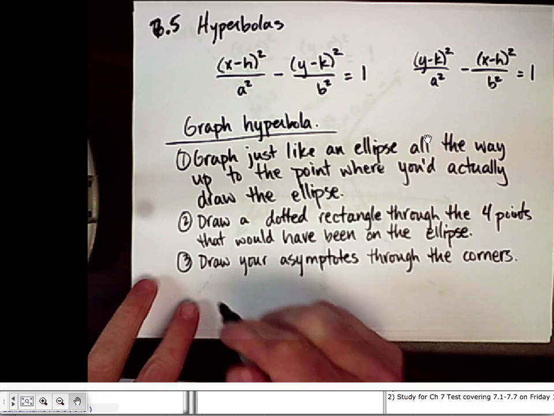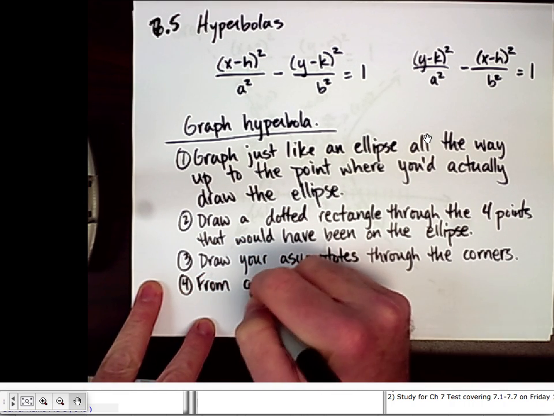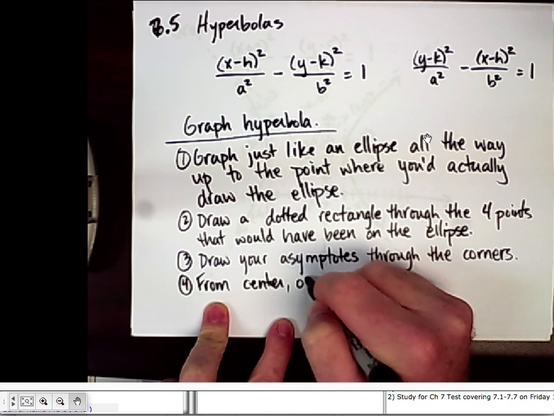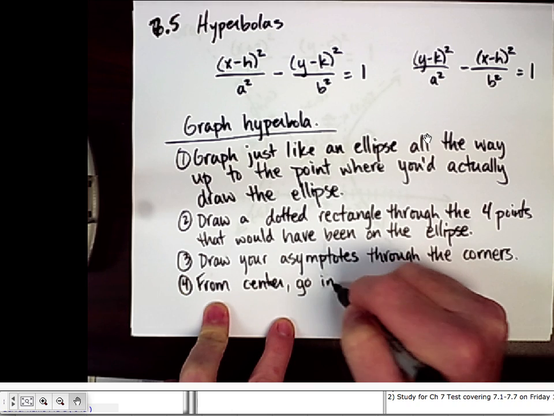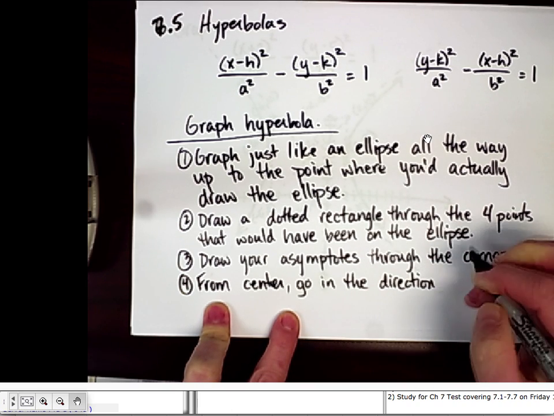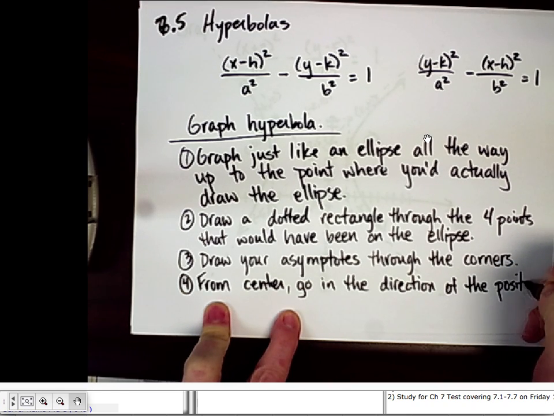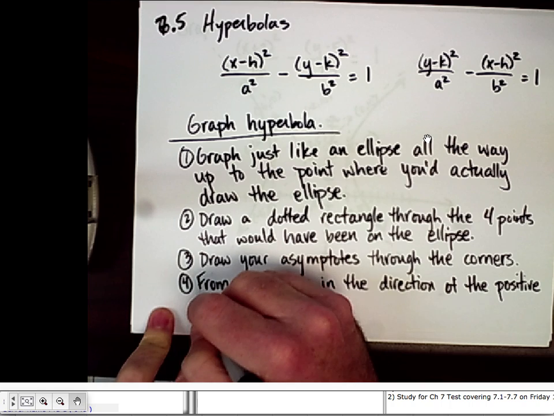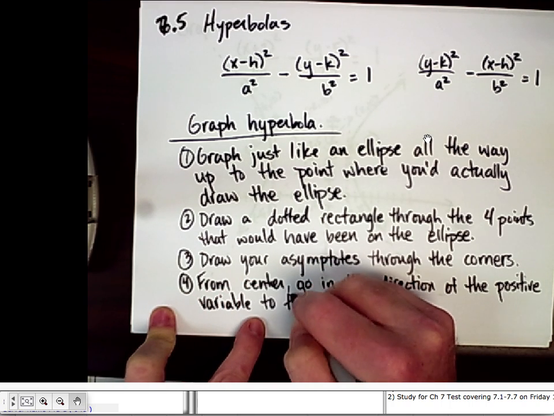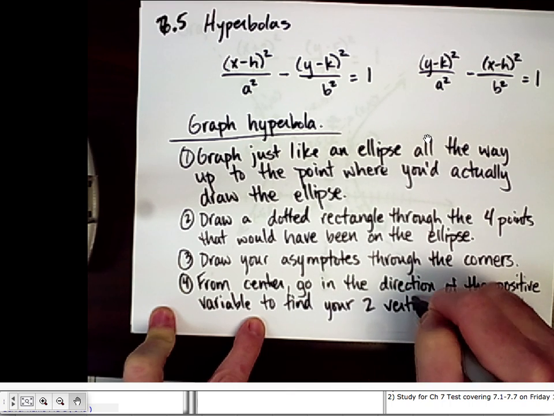Draw your asymptotes through the corners, and then from center, go in the direction of the positive variable to find your two vertices.